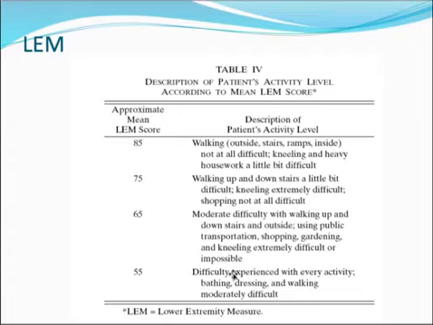So basically, lower than 55 means that they're going to have difficulty with just ADLs. 55 to 65 is they have moderate difficulty, they're able to walk up and down stairs and outside, use public transportation. Okay, but above 65, it means now they're walking up and down stairs with very little difficulty.